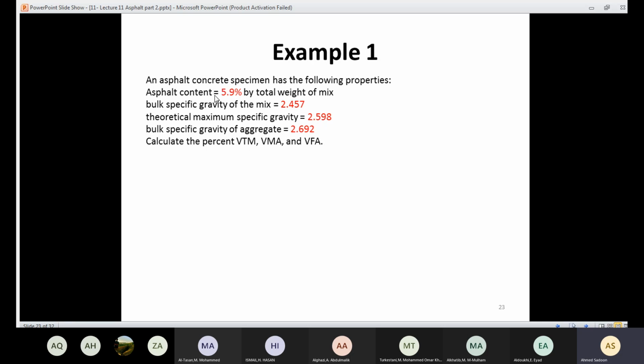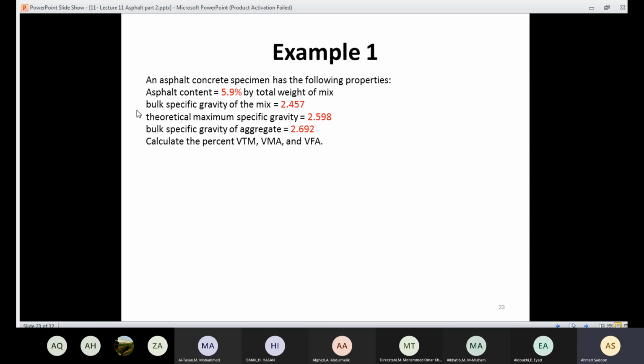This one represents the P sub B, the percentage of the binder. If this one is 5.9%, it means that the P sub S is going to be 94.1, because I need to subtract this value from 100%.